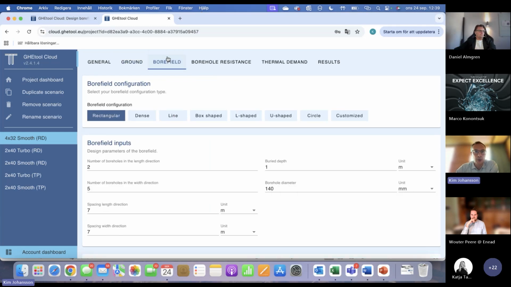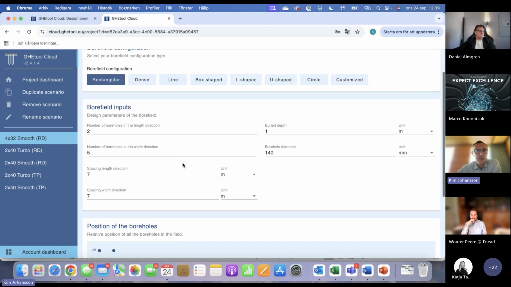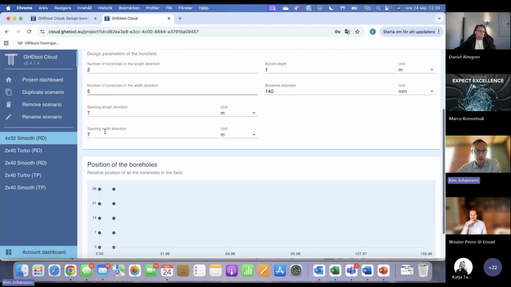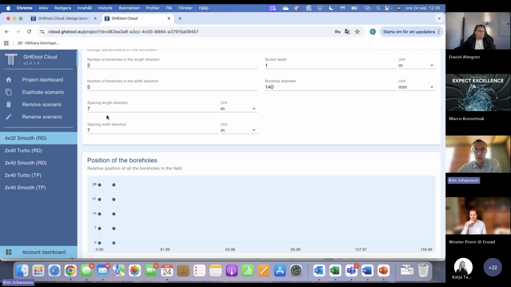We go forward to the borehole field, and here we have decided that we will have 2 rows of boreholes with 5 boreholes each. So we will drill a total of 10 boreholes, and we will have a spacing of 7 meters, both in length and width between them.